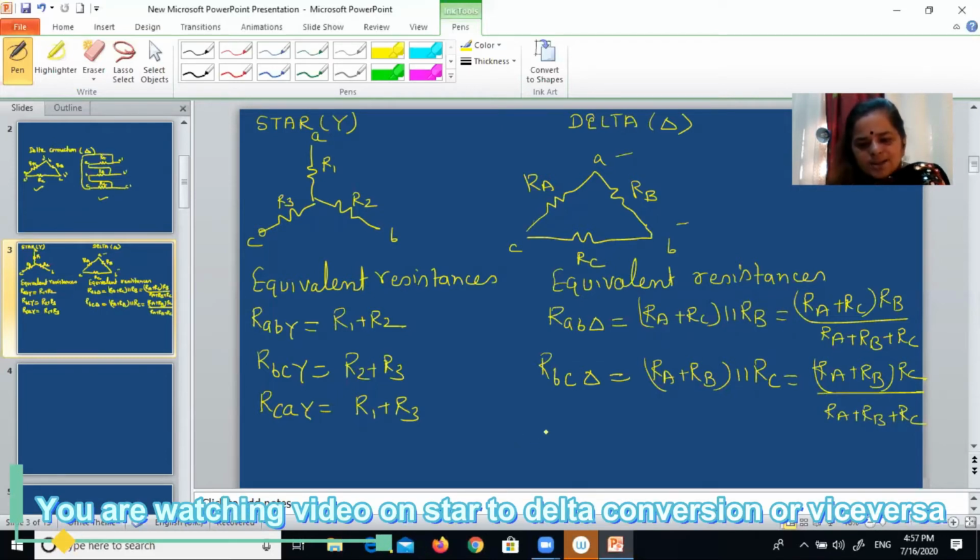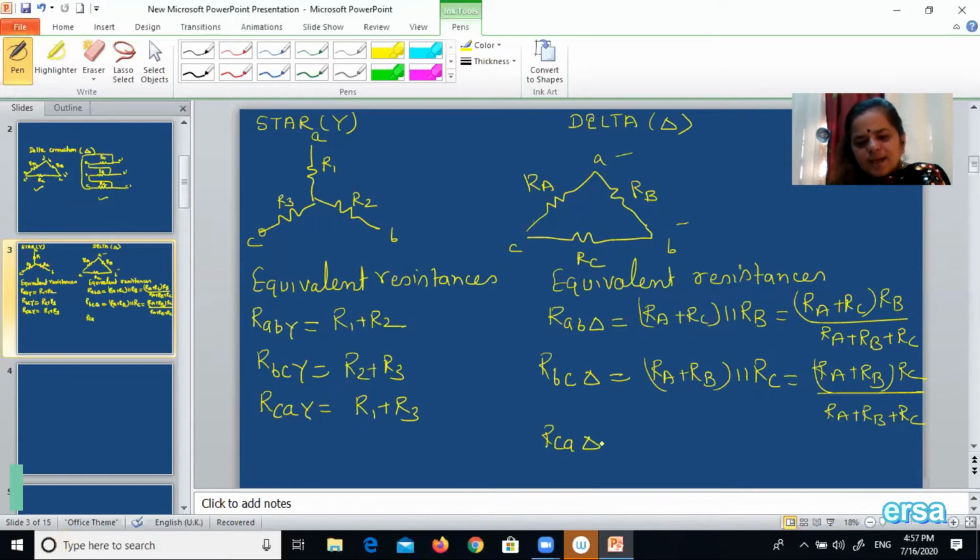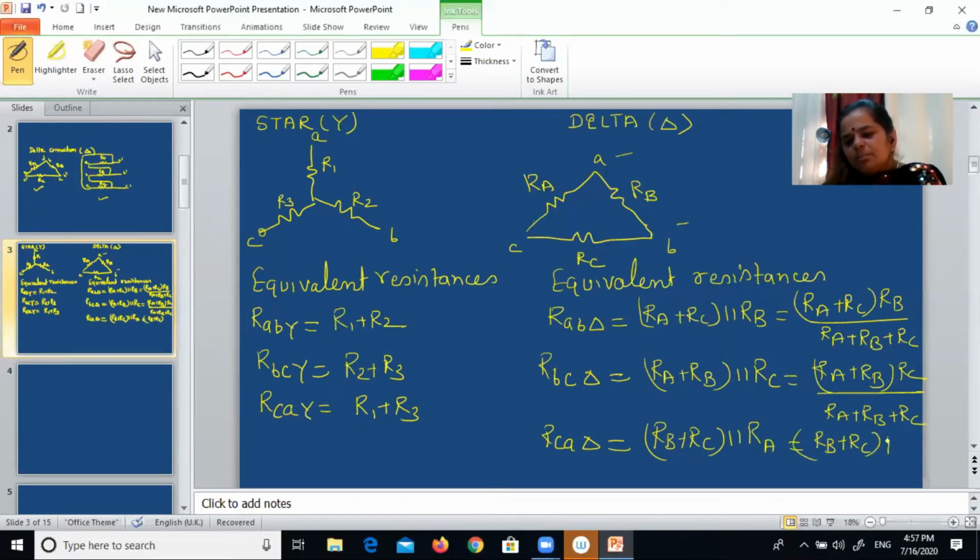And at last, if I calculate RCA delta, means between these two points, B and C are in series. So RB plus RC parallel with RA. So what am I going to get? RB plus RC multiplied by RA upon RA plus RB plus RC. So these are the equivalent resistances in star and the equivalent resistances in delta.